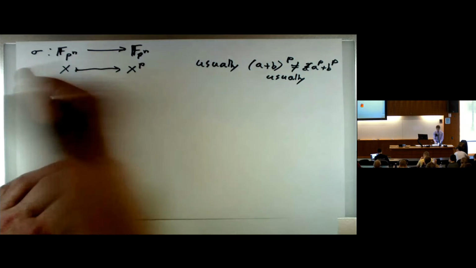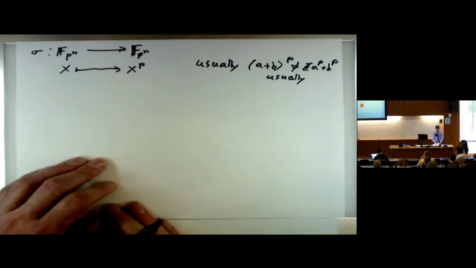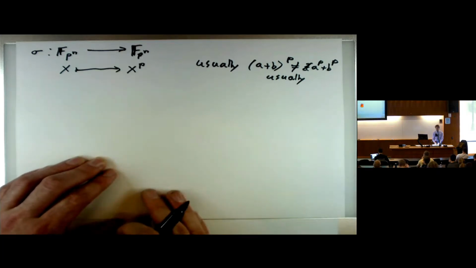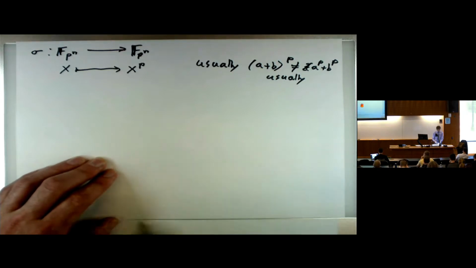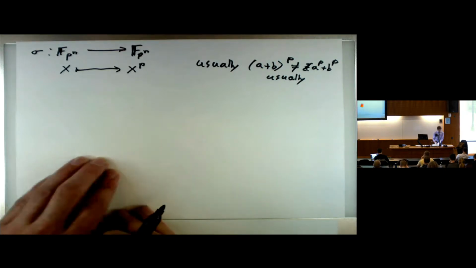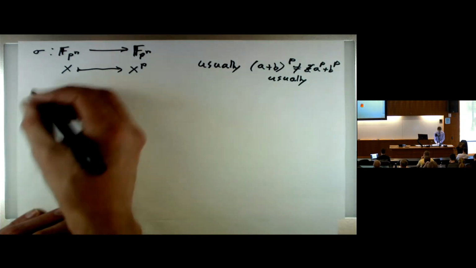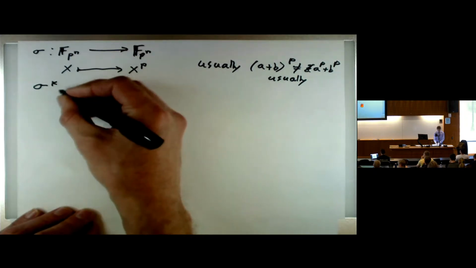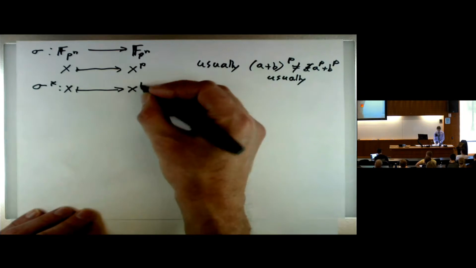And so that means this is basically a well-defined homomorphism. It's actually an automorphism of the field. It generates the Galois group. The Galois group is cyclic, and so forth. All of that's discussed in my typed notes. But in particular, powers of this are also automorphisms.